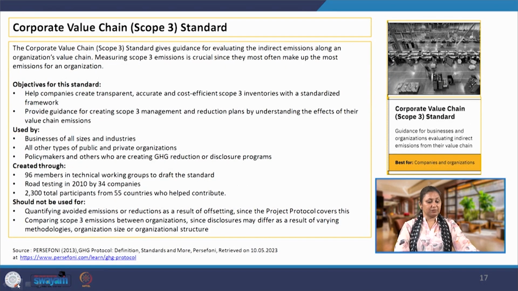Next, we have the corporate value chain scope 3 standard, and this gives guidance for evaluating the indirect emissions along an organization's value chain. For example, I am a buildings developer, so we construct buildings.